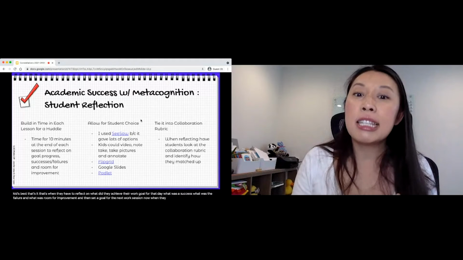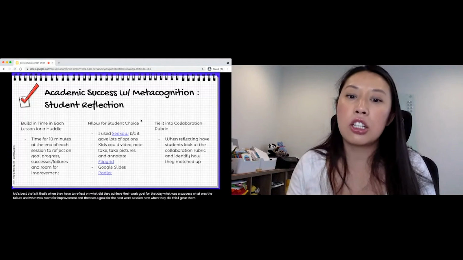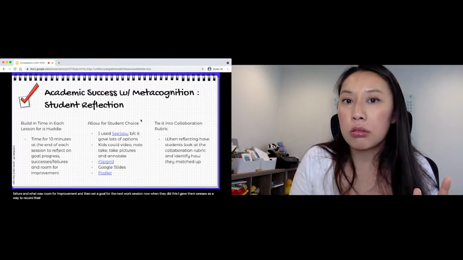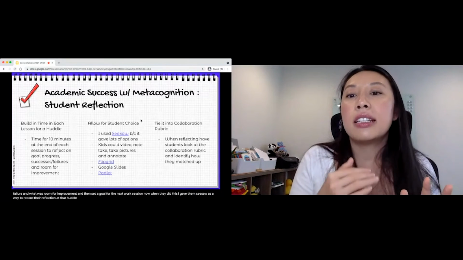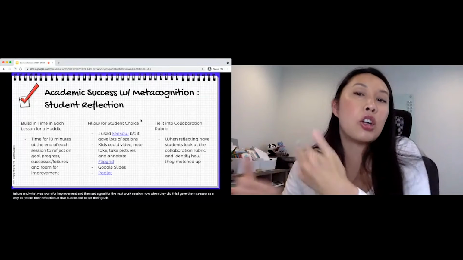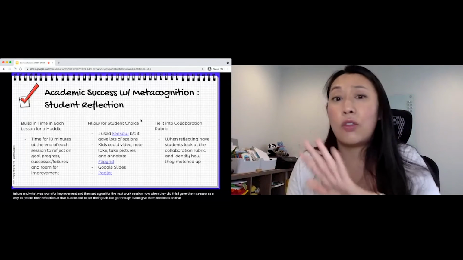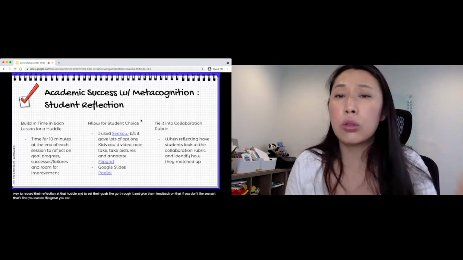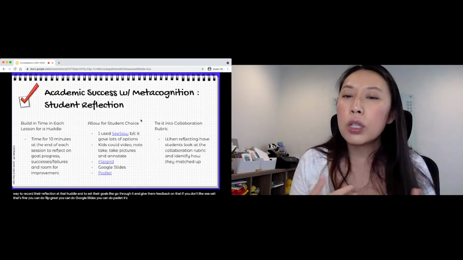Now, when they did this, I gave them Seesaw as a way to record their reflection at that huddle and to set their goals. They would post it, and I would go through it and give them feedback on that. If you don't like Seesaw, that's fine. You can do Flipgrid, Google Slides, or Padlet. It's really your choice.